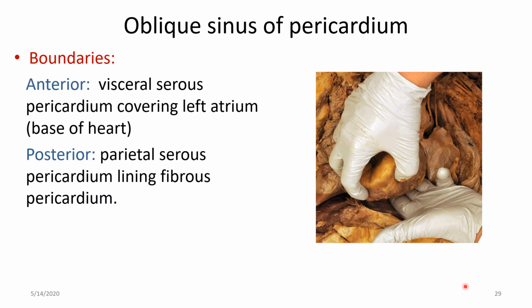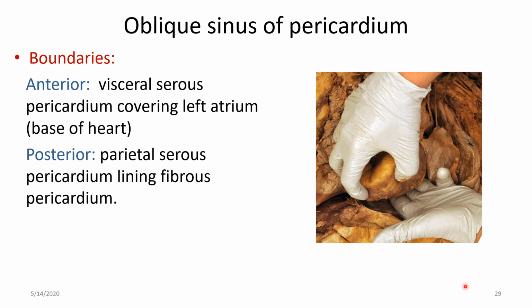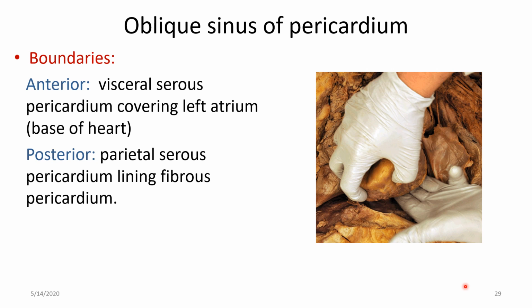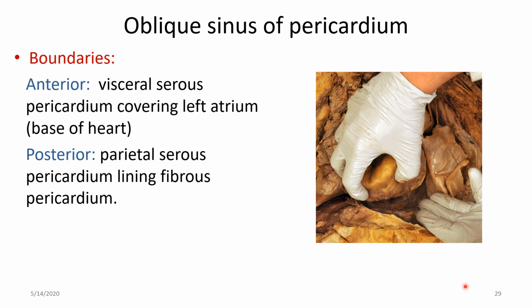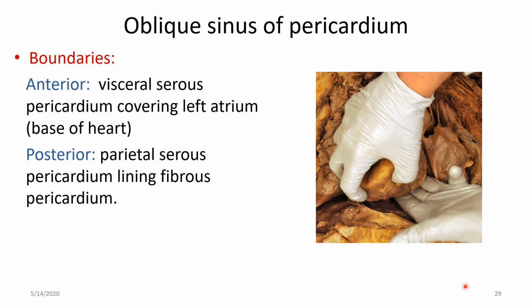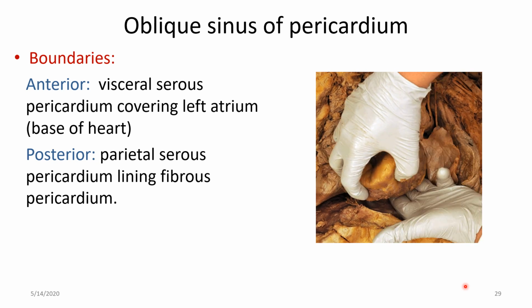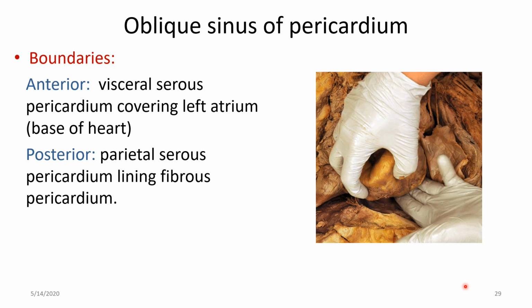In this picture, you can see the oblique sinus of pericardium. The fingers are inserted behind the heart and posterior to the left atrium that forms the base of the heart.